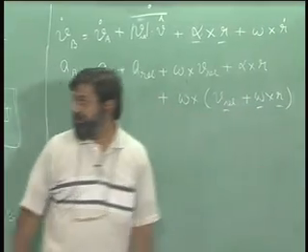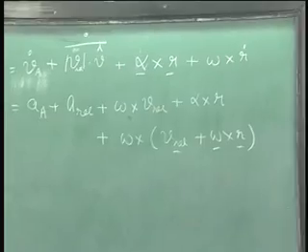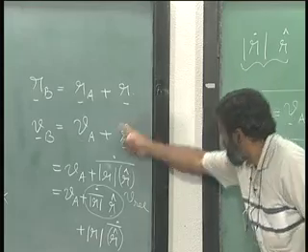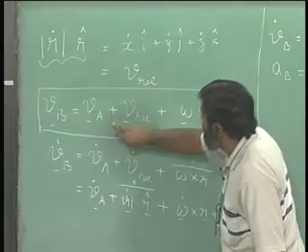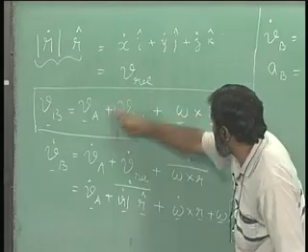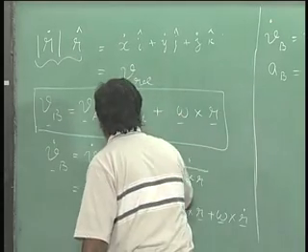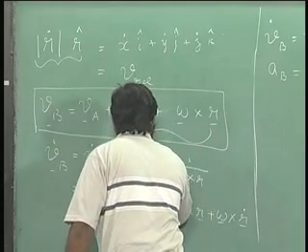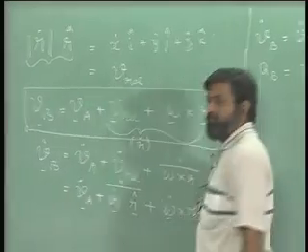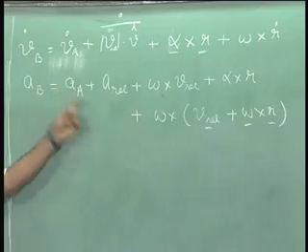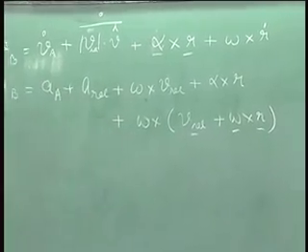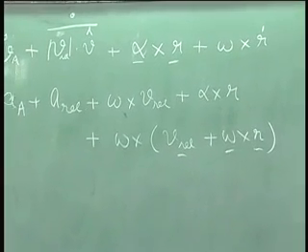It is clear, because if you look at this particular expression, this R dot manifests as V relative plus omega cross R. And that is how it manifests. Now, we just have to group them together.